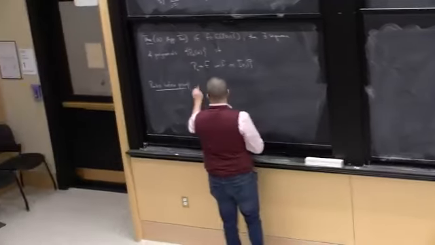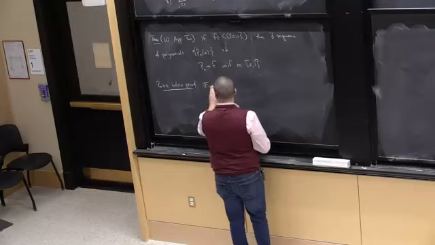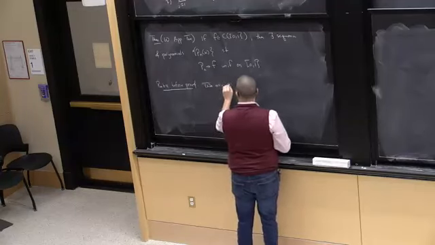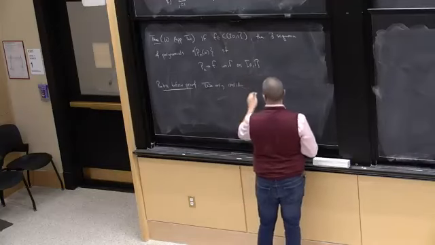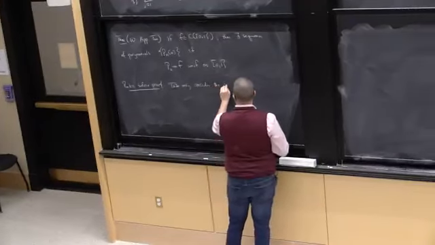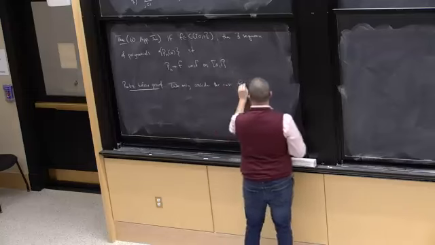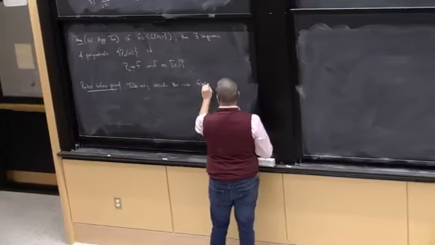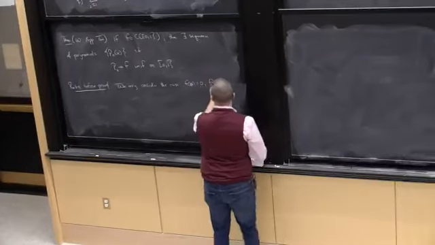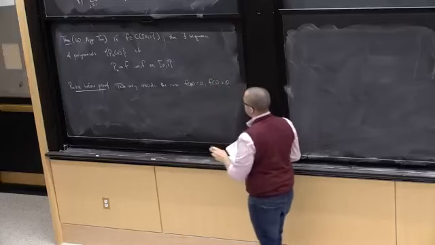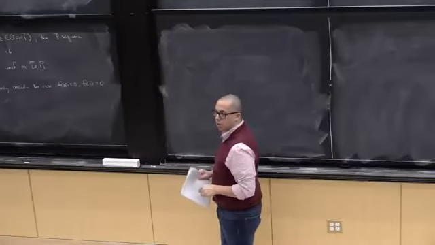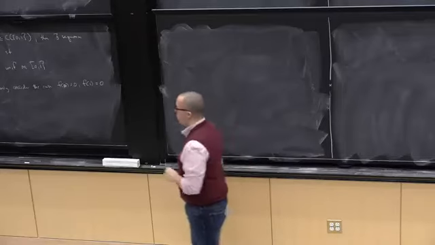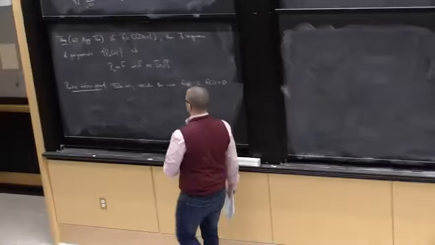So we'll only consider the case f of 0 equals 0 and f of 1 equals 0. So f is 0 at the endpoints. Why we're doing this is so that we can extend f to a continuous function outside of the unit interval by just setting it equal to 0.